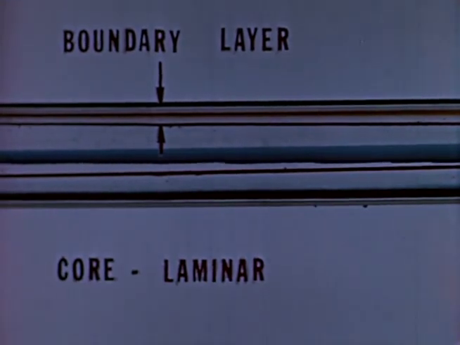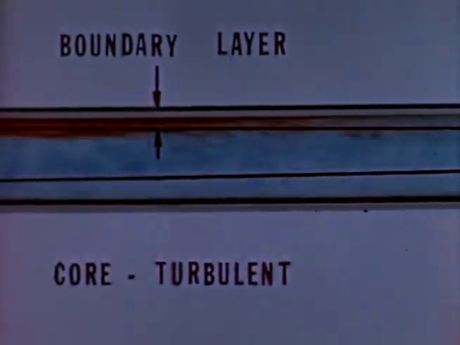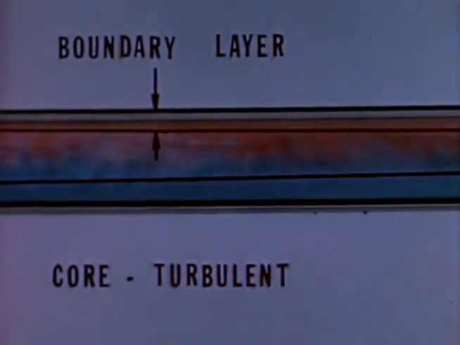Near the entrance of a pipe, however, the boundary layer is always laminar, just as in the case of a plate, regardless of whether the core flow entering the pipe is laminar or turbulent. Transition to turbulence occurs in the developing boundary layer, and turbulence in fully developed pipe flow is a result of this transition.